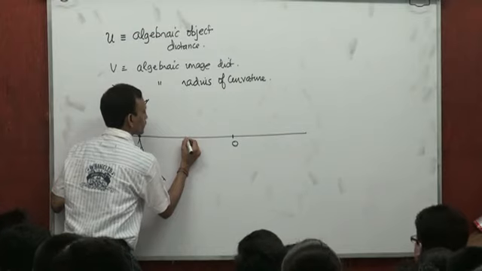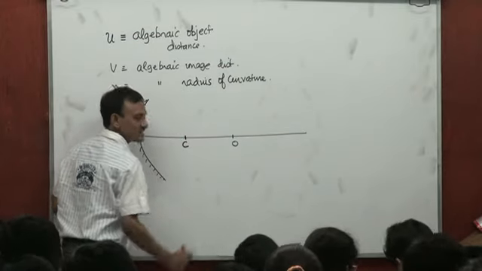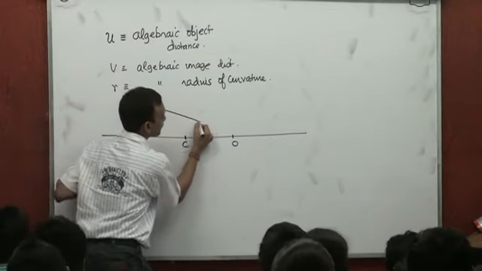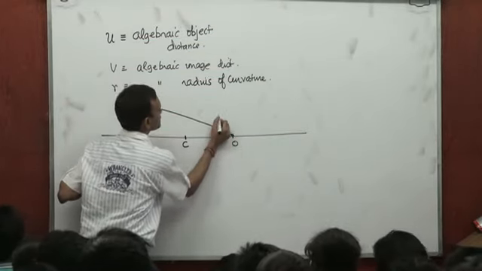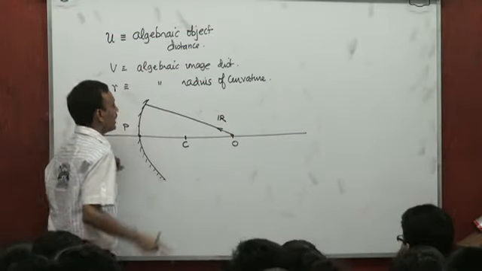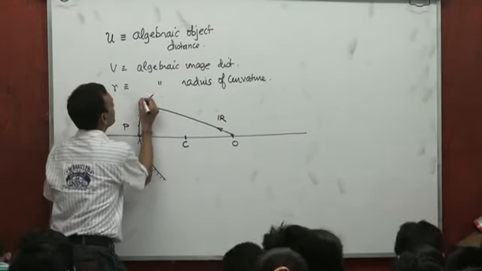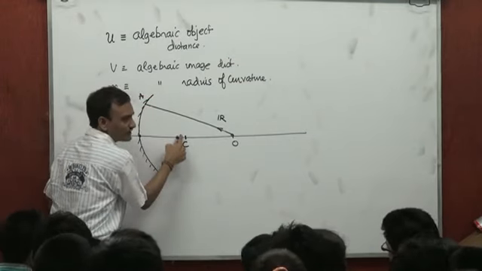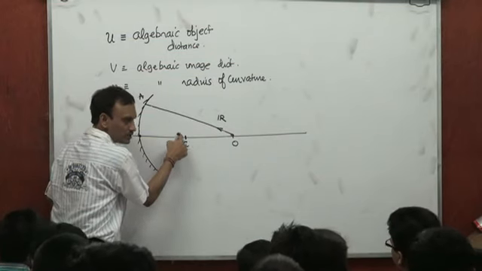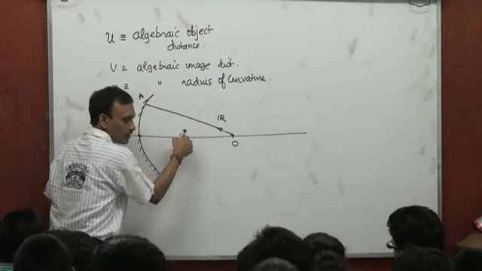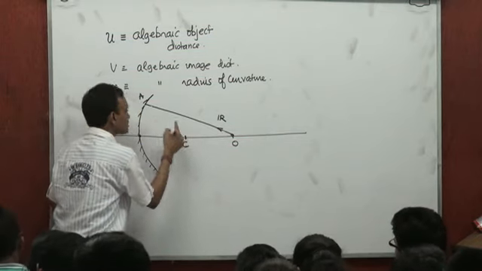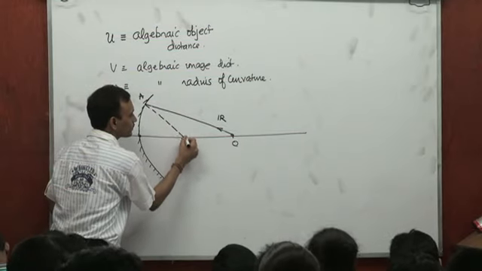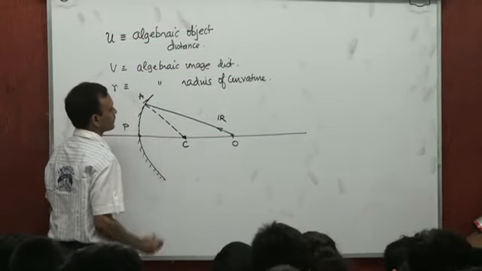The center of curvature of this mirror is C. This is an incident ray. How do I draw the normal at the point of incidence? If I just join A to C, then that would be the normal, the radius at A of the sphere. So then AC becomes the normal at the point of incidence.